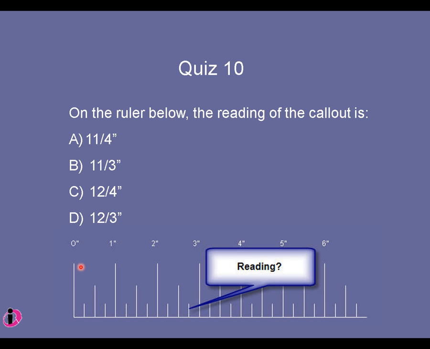So you can write this as an improper fraction. How can you do that? All you need to do is multiply these two and add this. That means from here, you have to multiply the whole number times the denominator and then add the numerator, which makes 11.